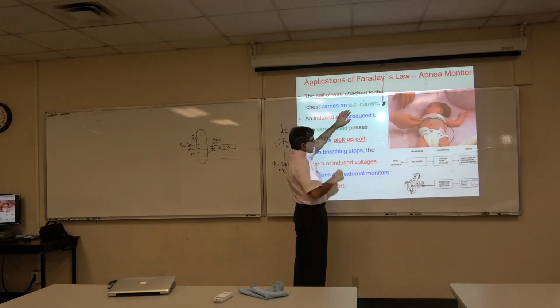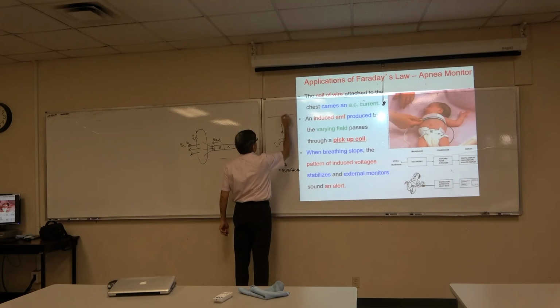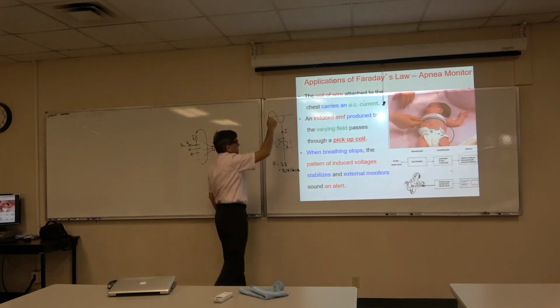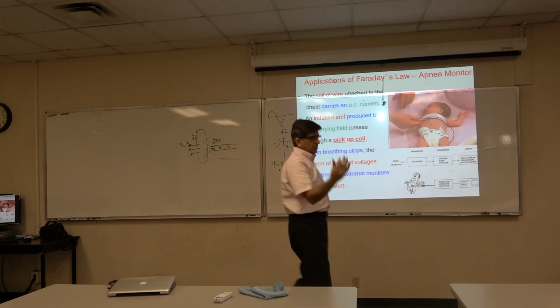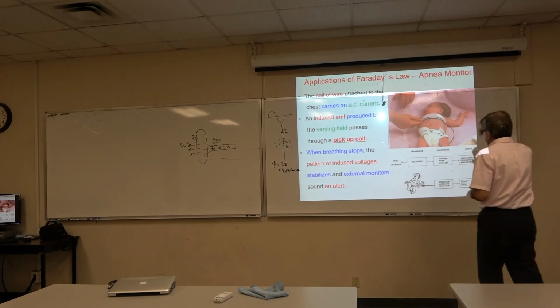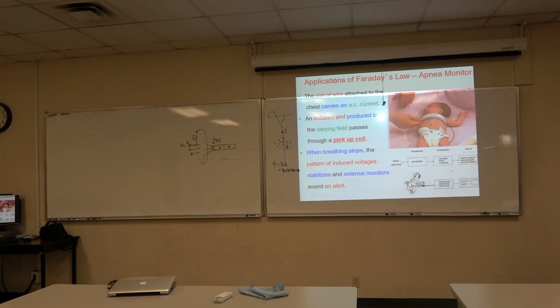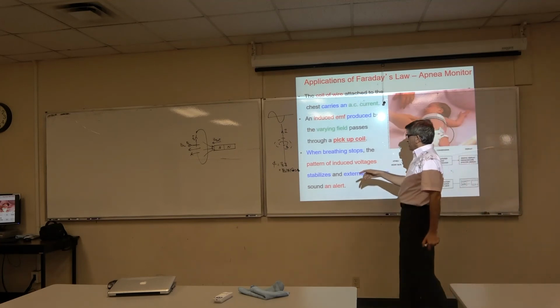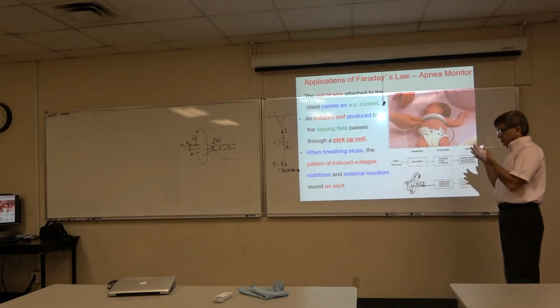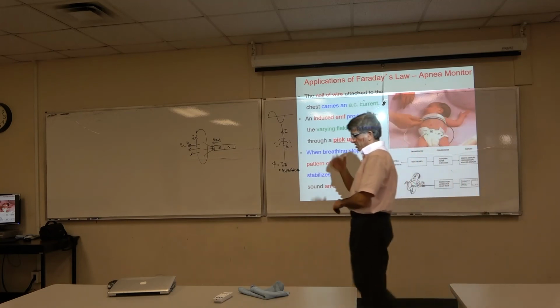Now, the alternating current. The direct current is a unidirectional current, but the alternating current is changing every cycle. The current is changing, so the magnetic field produced by the current through the coil will be changing, right? So now this passes through the coil, and while the baby is breathing, it will keep telling the change in flux, right, while the baby is breathing.